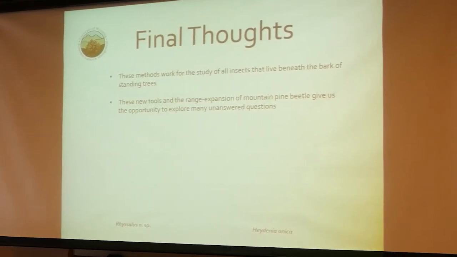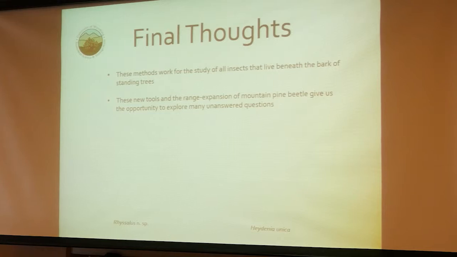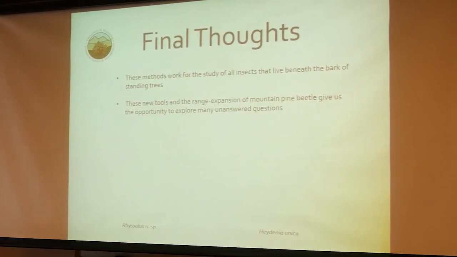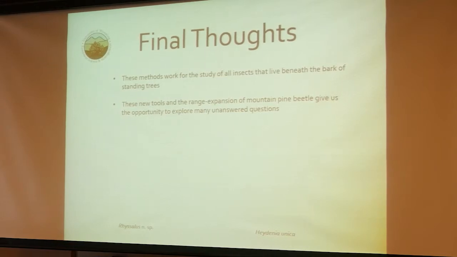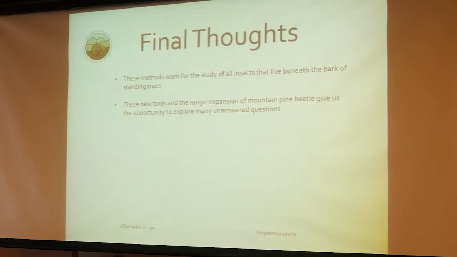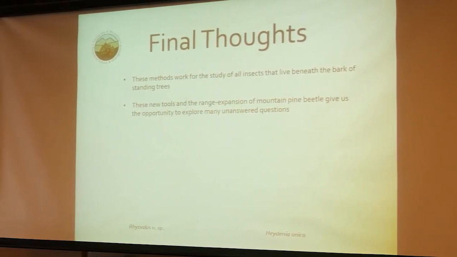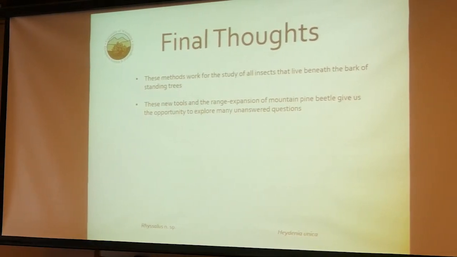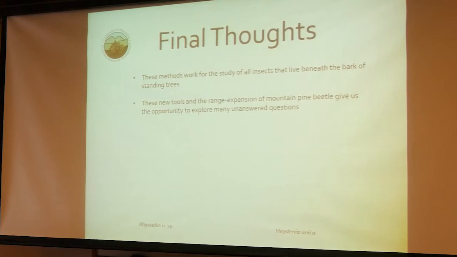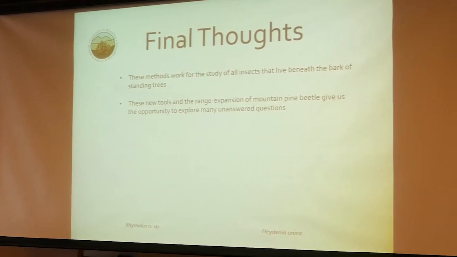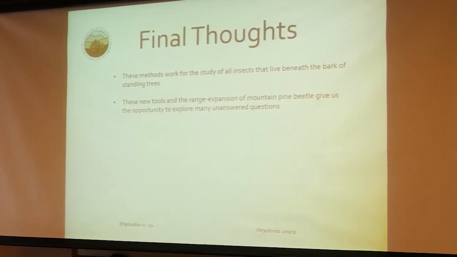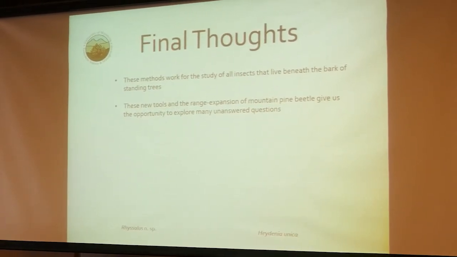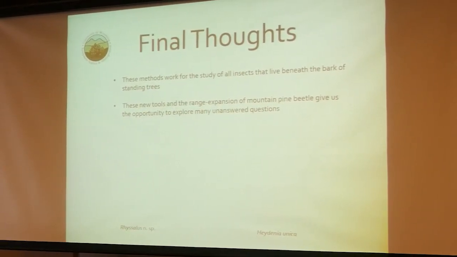Most of you probably know that the mountain pine beetle has been expanding its range due to warming. So areas in the northern Canadian Rockies and the eastern Canadian Rockies that were not climatically suitable in the past for these beetles to reproduce in epidemic proportions are now supporting mountain pine beetle epidemics. And these epidemics are much more severe than the ones that occurred in its classical range.